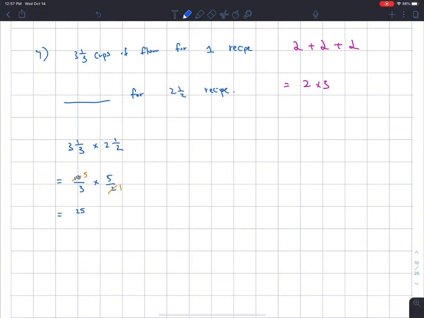So we get 25 over 3 cups of flour. I still need to change it back into a mixed fraction. 3 times 8 is 24. So we need 8 1/3 cups of flour.